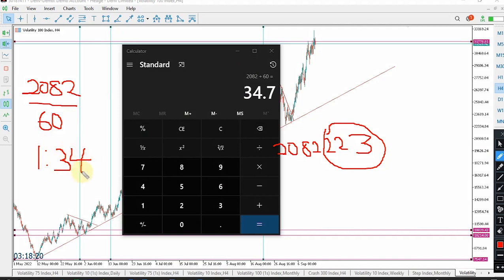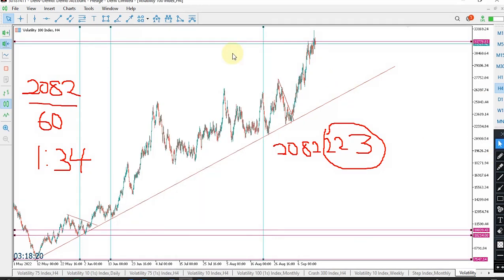Guys, what is the problem with the touch strategy? We have 1 to 34 here, and here we have 1 to 5 each. I can always beat my chest on this.